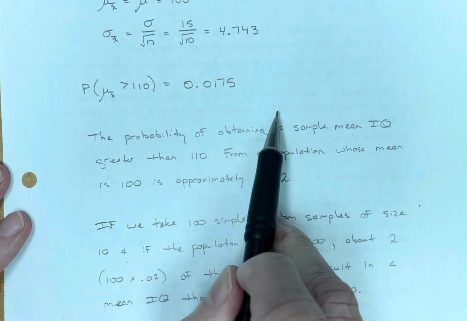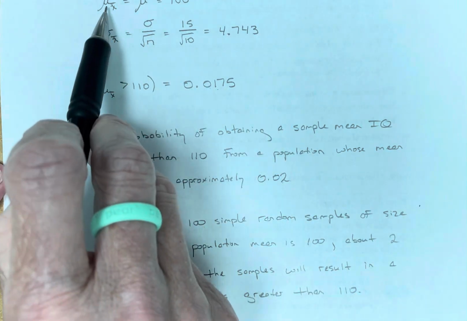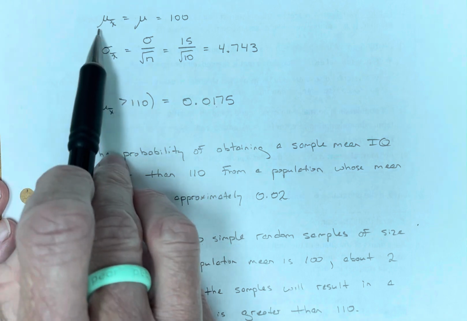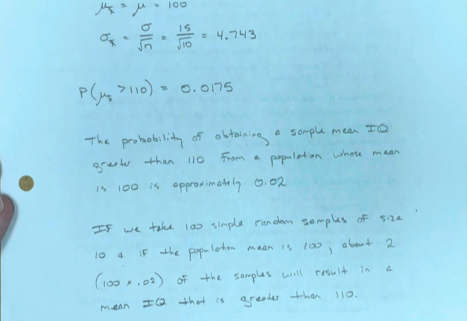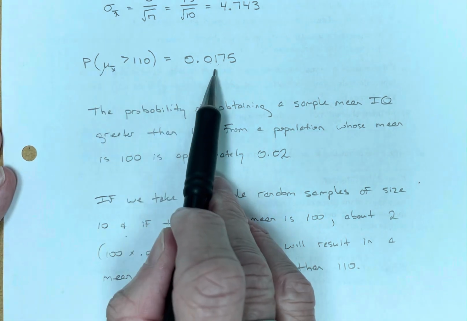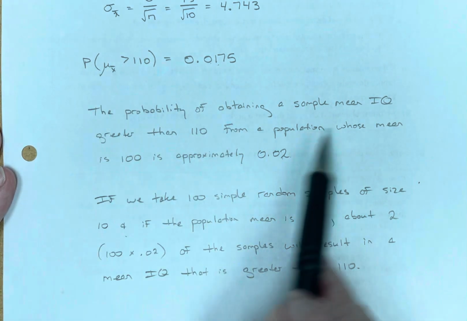Okay, so let's recap here a little bit. We used our normal calculator after we came up with our sample mean and standard deviation. We came up with a probability using the normal calculator in StatCrunch, and we interpreted it.